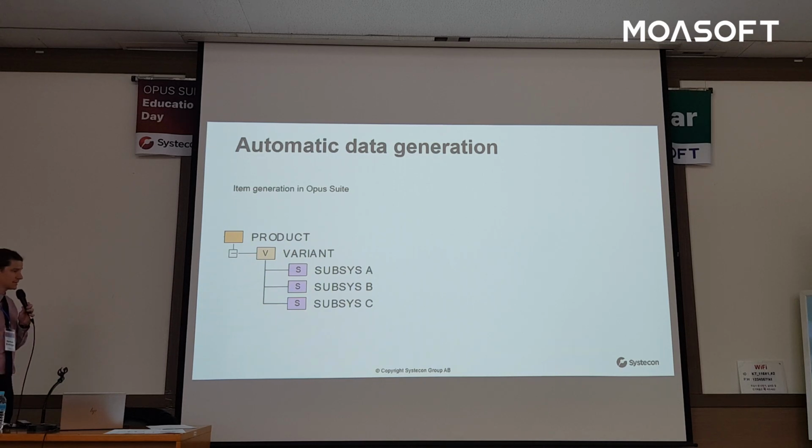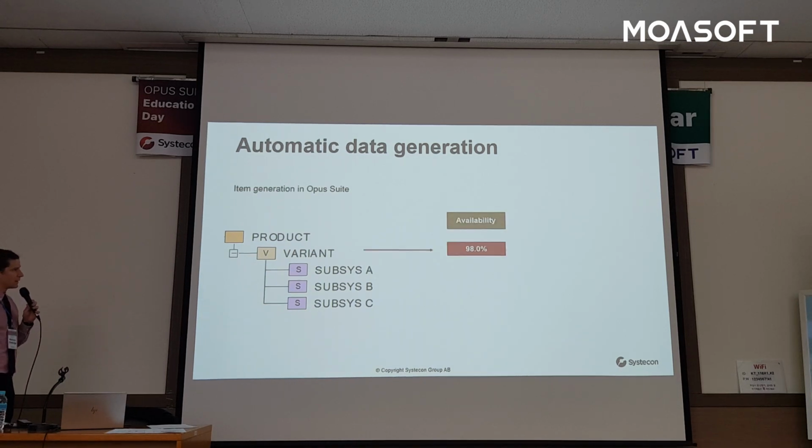We call them A, B, and C. Because of the operations that we're going to do, we can estimate an availability of this variant that we are going to produce. Let's say that we want to have 98% availability. That's the target for this product.